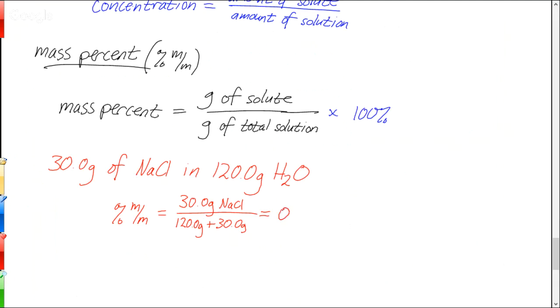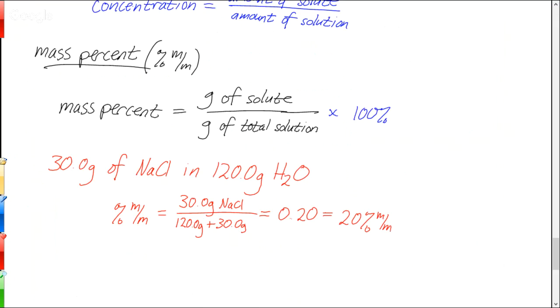So 30 divided by 150 is 1/5, which is 0.2. Or since we usually give that as a percentage, we call that 20% by mass. So we read that as 20% by mass.